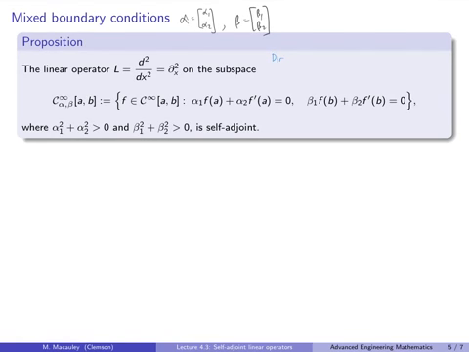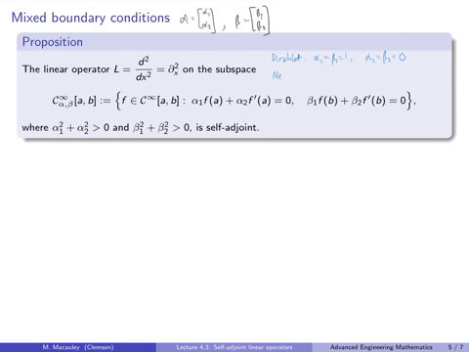So Dirichlet, I'm not sure I'm spelling this right, I think that's correct. This occurs, or type 1 if you prefer, when alpha 1 and beta 1 are 1, and alpha 2 and beta 2 are 0.